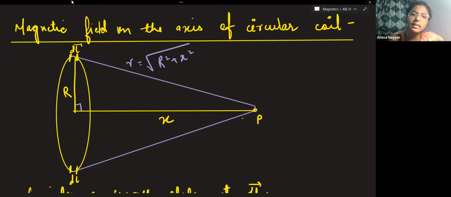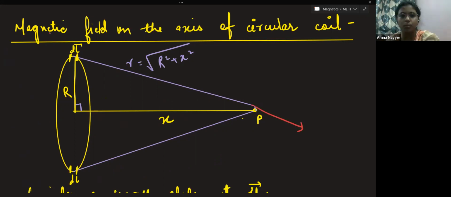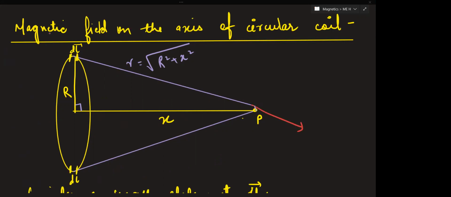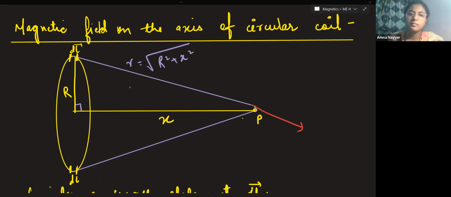Now, regarding the magnetic field, here we have to perform certain calculations. This is your magnetic field. See, from here, this dL will be producing a certain magnetic field.